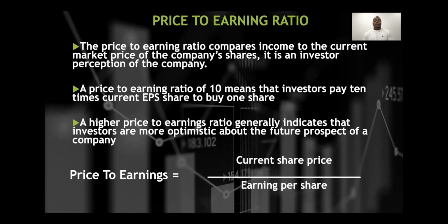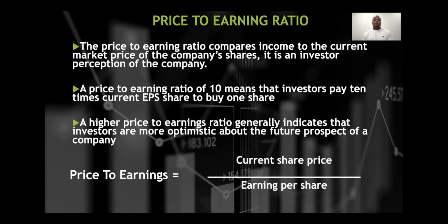So a company that has a PE ratio of 100 and its current EPS is at $5, people are willing to pay a lot more for this company. And that's why it's important to know what the PE is of every single company.